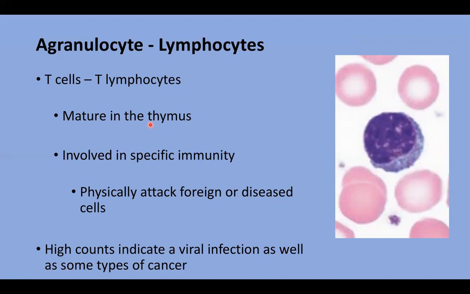Also, if you have a high number of these lymphocytes, you also can have certain types of cancer. As I mentioned before, your immune system is built to attack cells that are more prolific than they need to be, or reproduce faster, or have some sort of genetic damage.